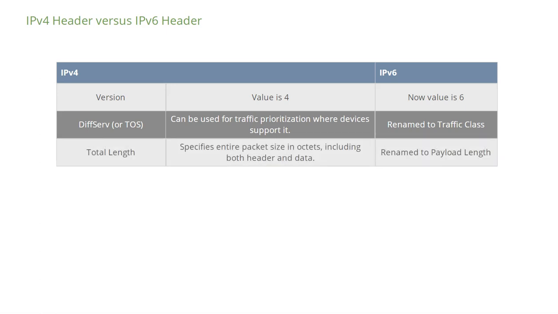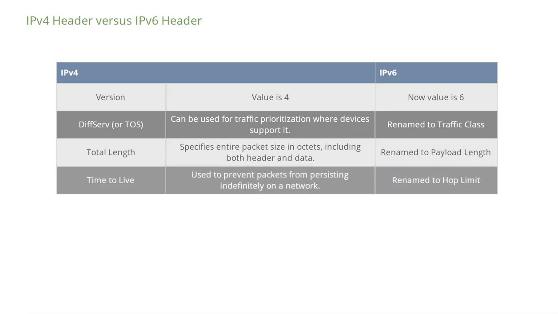IPv4's total length field, which specifies the entire packet size, is called payload length in IPv6. IPv4's time to live field, which prevents packets from persisting indefinitely on a network, is called hop limit in IPv6.